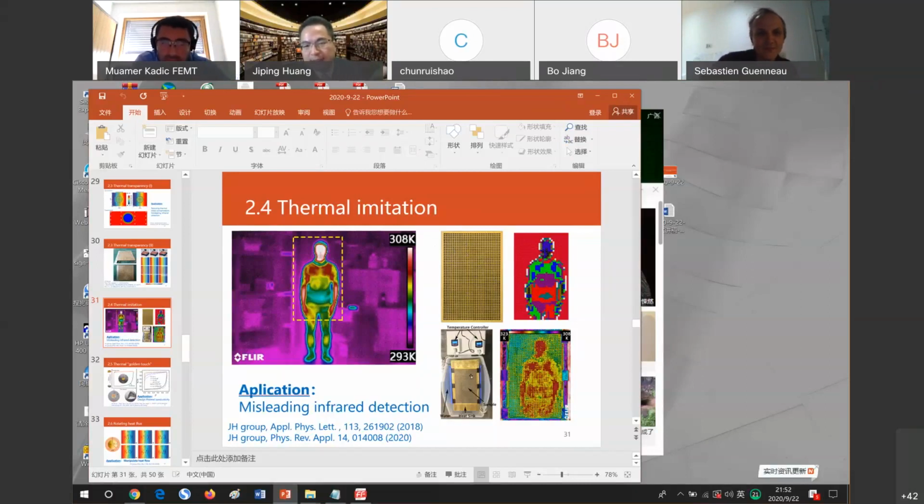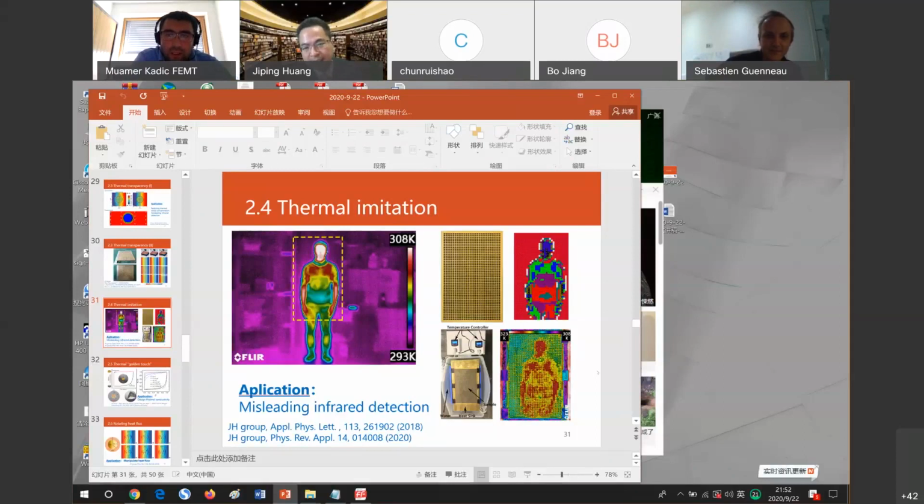This is the complete sample. So, in a word, we just use a mixture of two different components to design and fabricate different kinds of thermal conductivities.